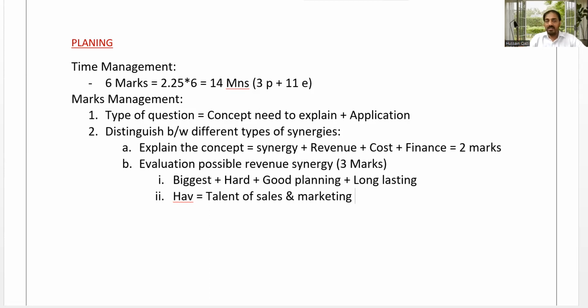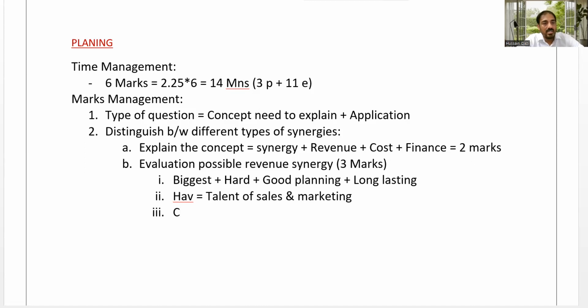If Have acquired the Strand company, where Strand has strength in innovation, with management as scientists, but they don't have the ability right now to commercialize or market their products, then if they combine, those innovative, talented products can be marketed through the sales and marketing talent of Have company, and it is able to get extra revenue or extra mileage. So that is a point you can connect accordingly.